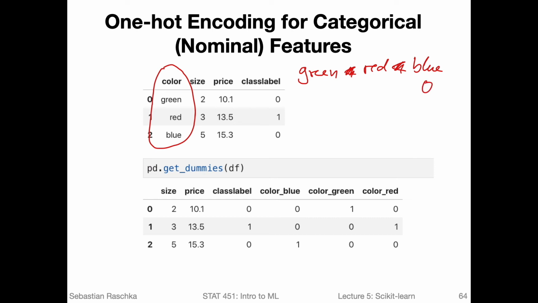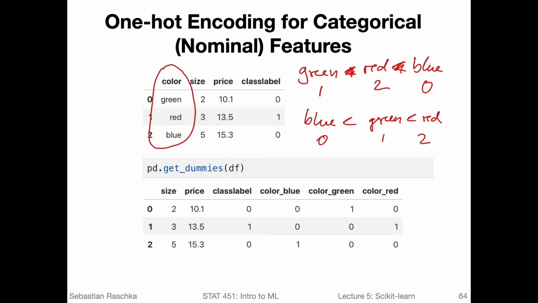For example, it may choose the 0 for blue, the 1 for green, and the 2 for red. So we would have something like blue, green, and red. And most machine learning classifiers would then infer an order here, because if you think back of the k-nearest neighbor classifier, it's a distance metric, right?